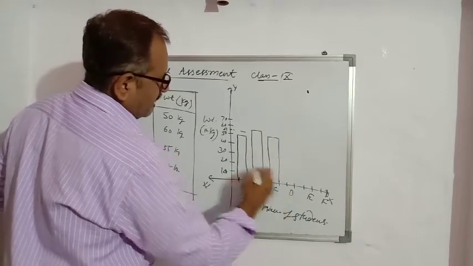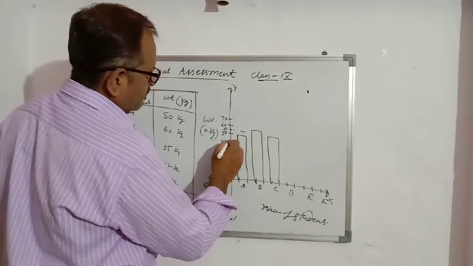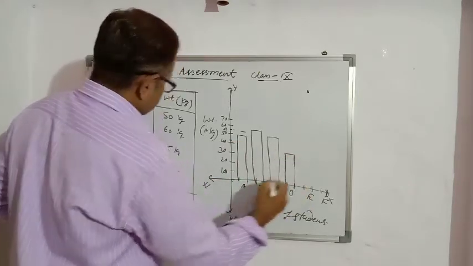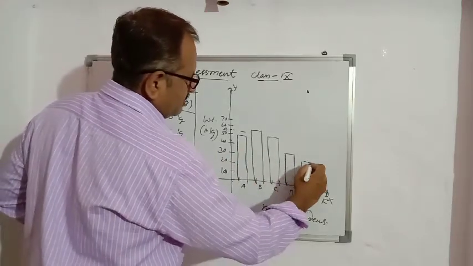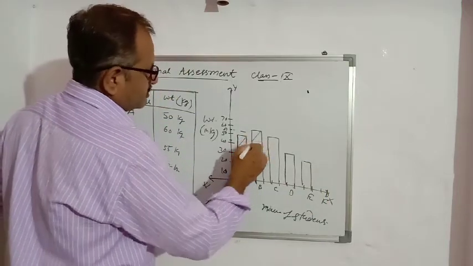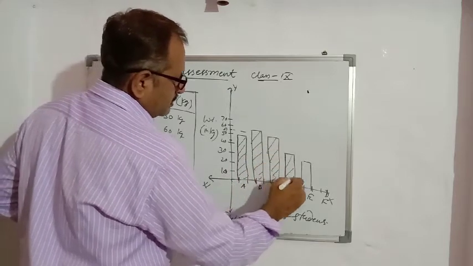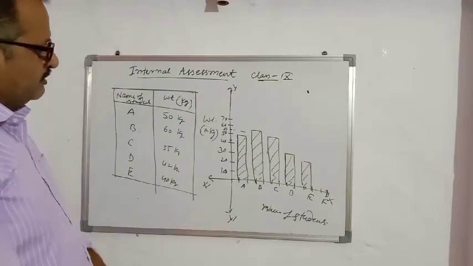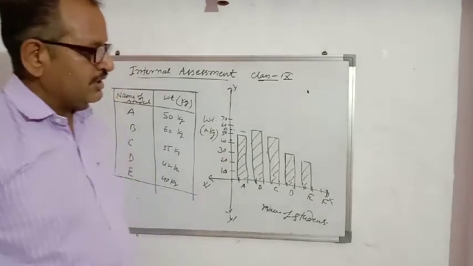D is 42. So 10, 20, 30, 42. Similarly E is 40. Okay. This is the bar graph which represents the weight against the name of students.